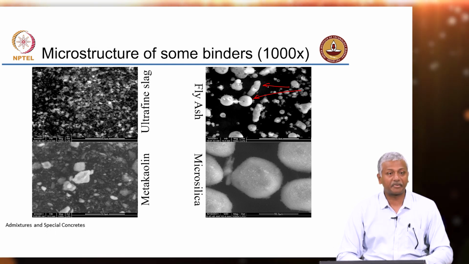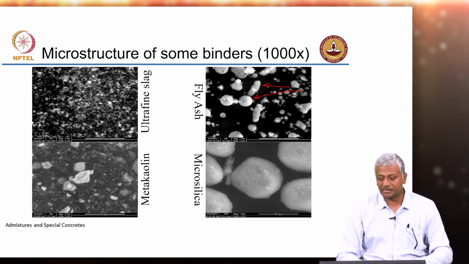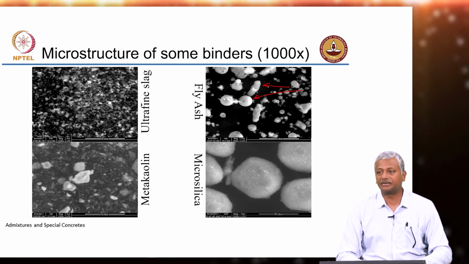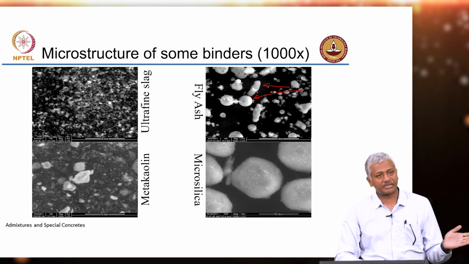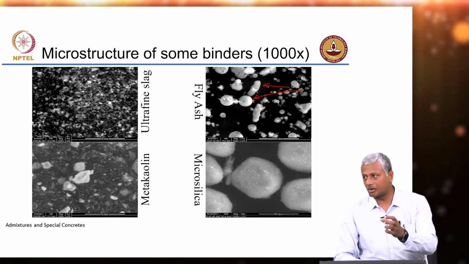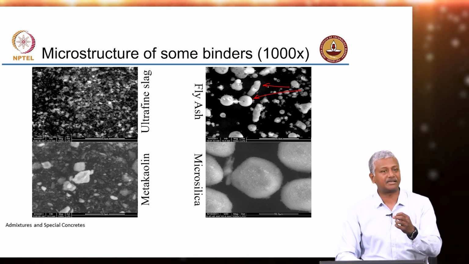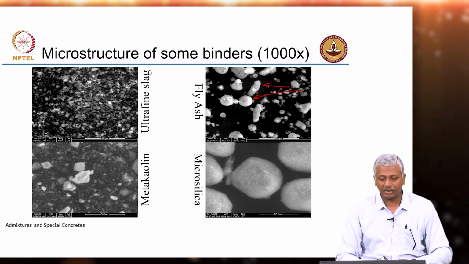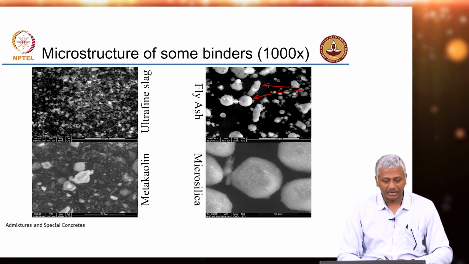Those are particles of silica. Since fly ash is collected from the source that is flying out after burning of the coal, it also flies out with a lot of gas, and depending upon how the gas condenses, you can form different shapes. But I will talk about that in more detail later when we discuss fly ash.